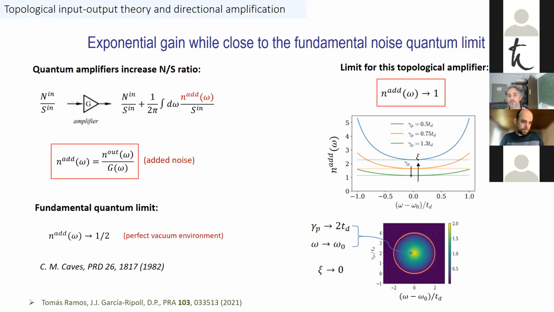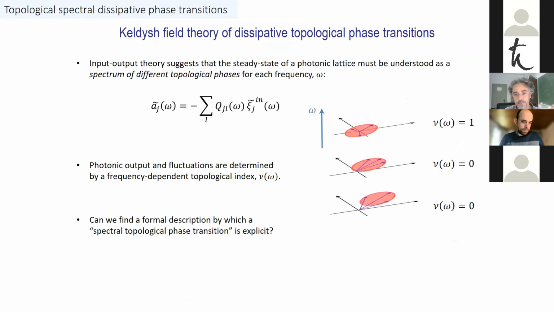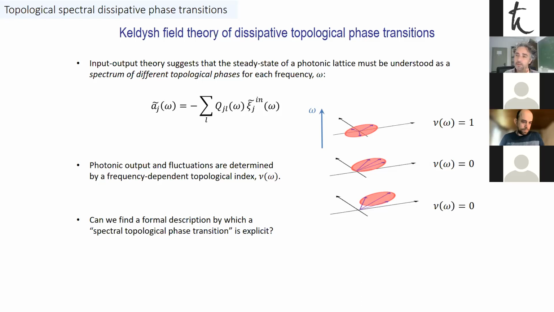So let me just finish this talk with some work in progress. What is very appealing for a theorist, and I think from a fundamental point of view, is that we have found a theoretical description of topological properties where the effective matrix that we built depends on the frequency of the system, or basically on the frequency of the photons involved in the amplification process.